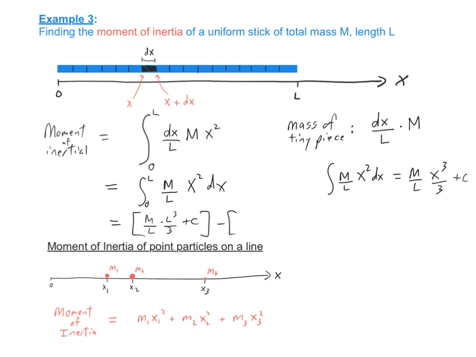To write that out, that would be m over L times 0 cubed over 3 plus a constant. And if I algebraically simplify this expression, I'm left with 1/3 mL squared. So, for what it's worth, this turns out to be the moment of inertia of a stick being rotated about its end point.